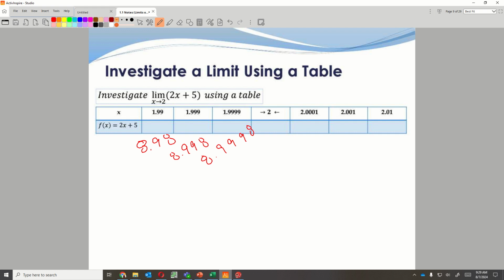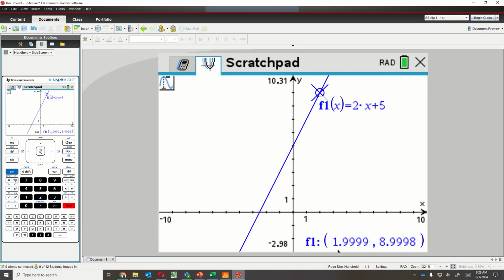Now let's go to the other side of this. Let's start over here and work our way towards the 2. 2.01. I come up with 9.02.